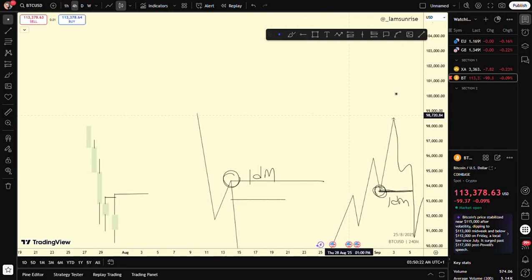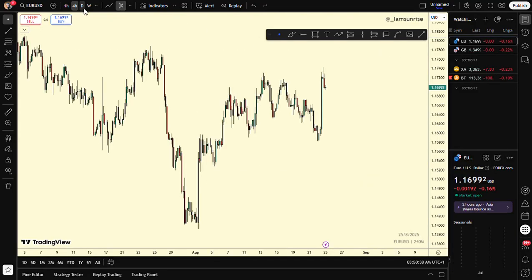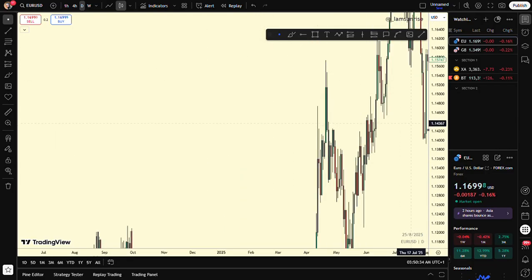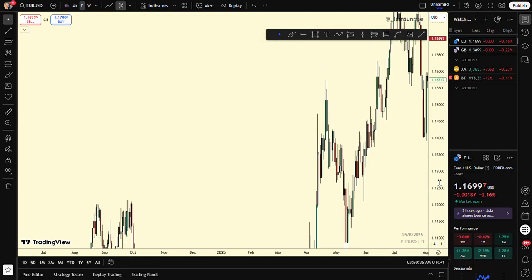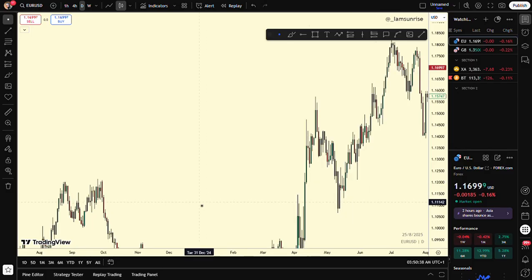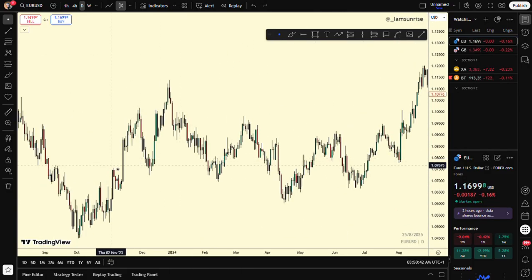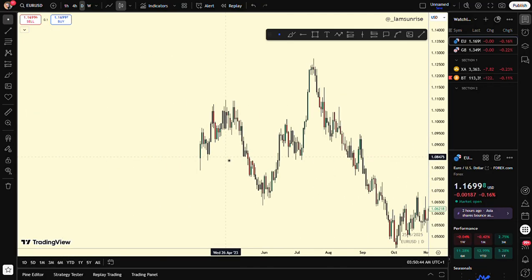So now let's quickly go to the chart. There is this particular chart that I use. I think it really gives a better breakdown of what I am talking about. It should be on 20.